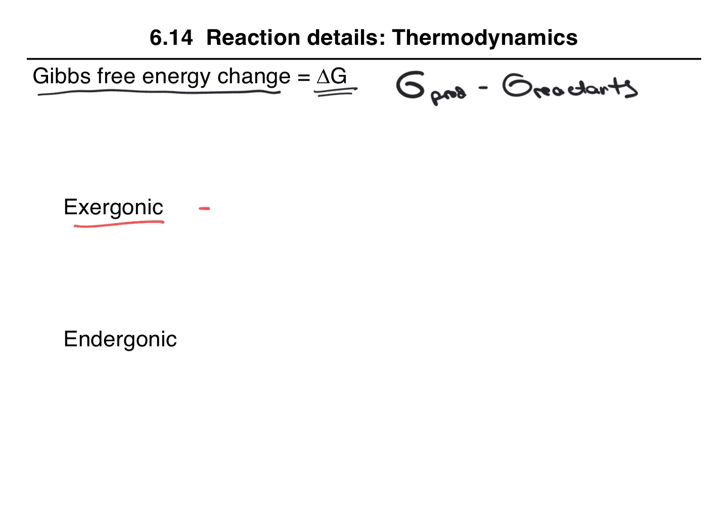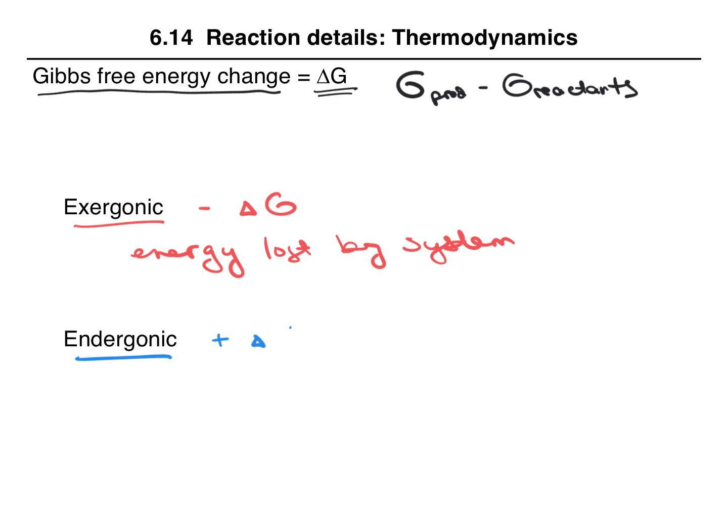So this is a negative delta G, which means that there is energy lost by the system or energy released by the system. And usually that energy is released as heat. In contrast, we can have an endergonic reaction, which has a positive delta G, and here energy must be absorbed by the system.